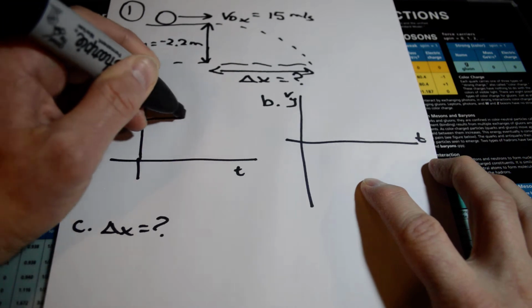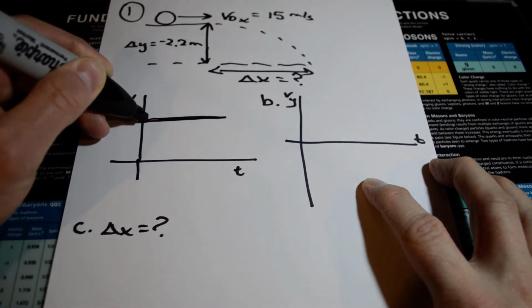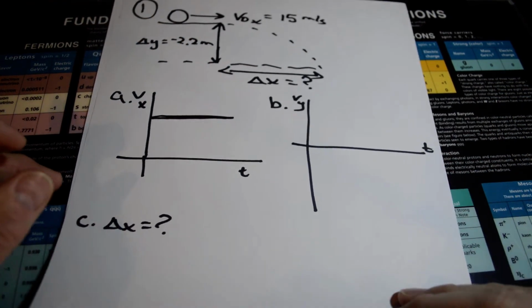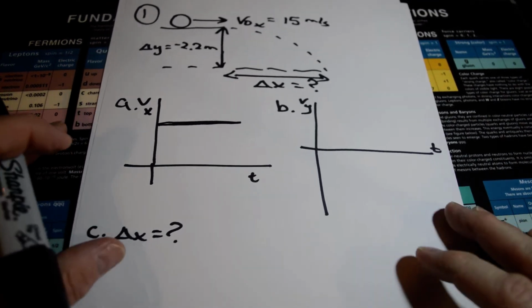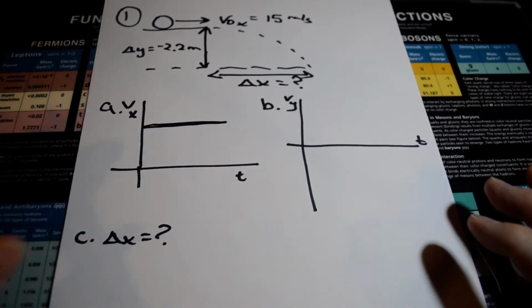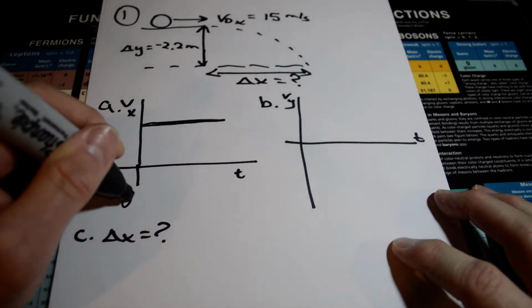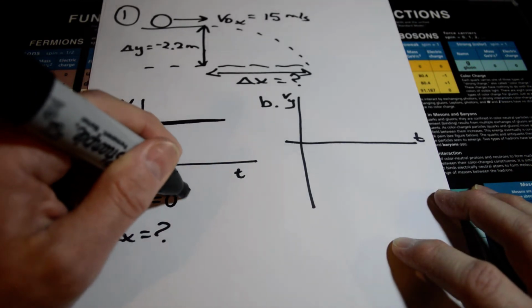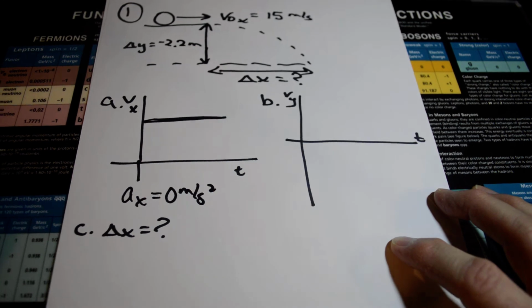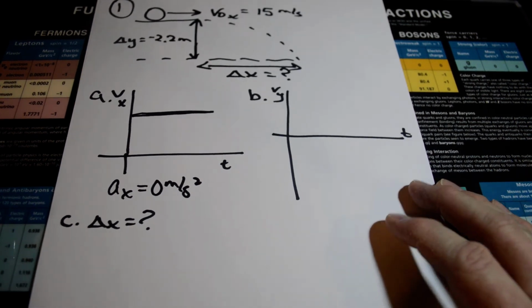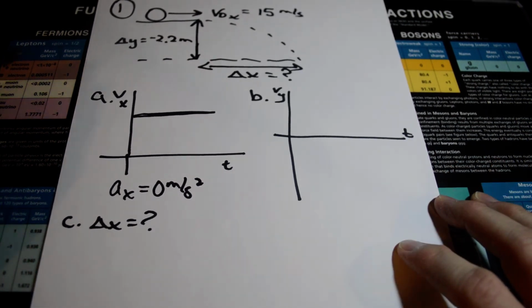The answer is pretty straightforward. The horizontal velocity should just be a straight line across because it never changes. There is no acceleration in the x direction, so it should be 0 meters per second squared, so it's a horizontal line. The y component should start at 0.